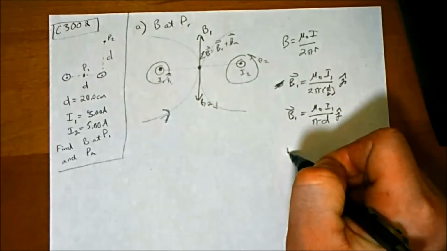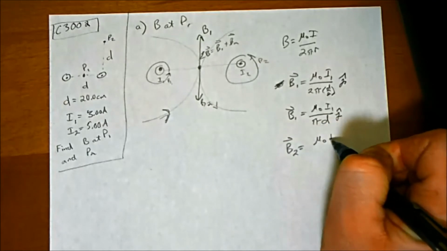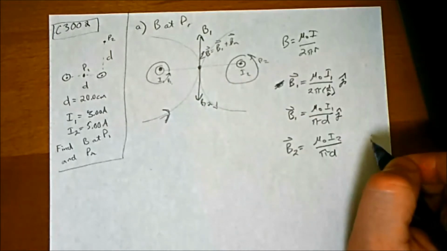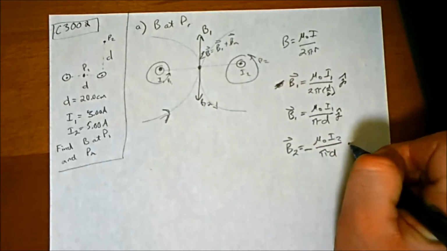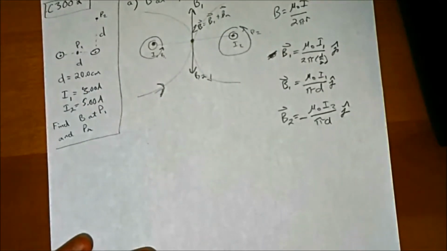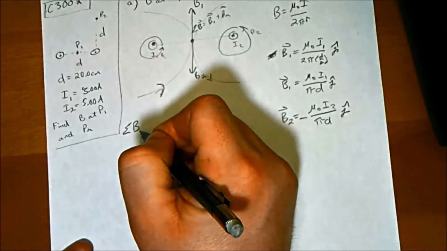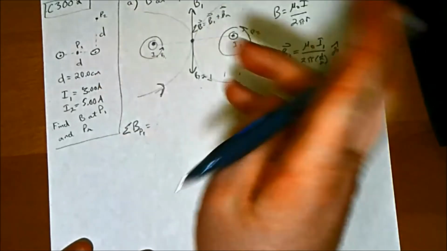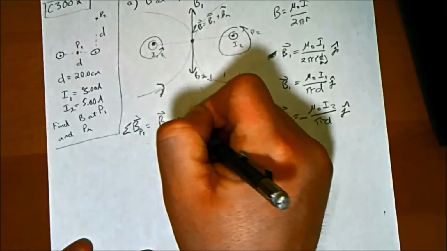Likewise, we can say that B2 is just mu naught I2 over pi d, because we're the same distance away from wire 1 as we are from wire 2. But this one's going to be in the negative j hat direction. So when we are asked to find the total field at point P1, that's just B1 plus B2.